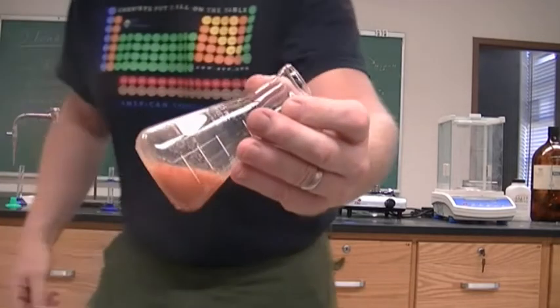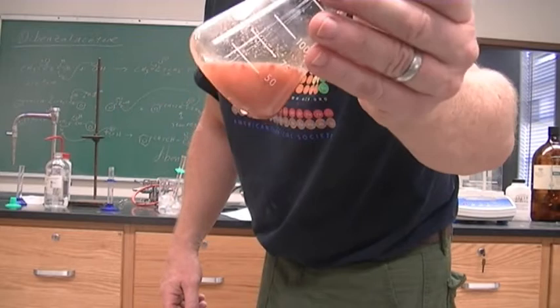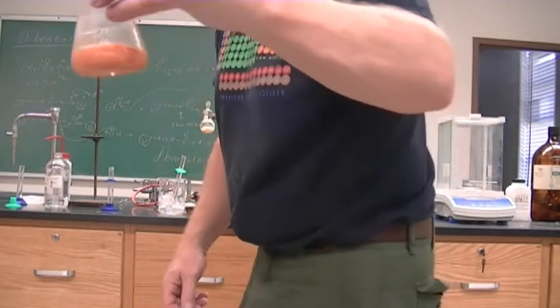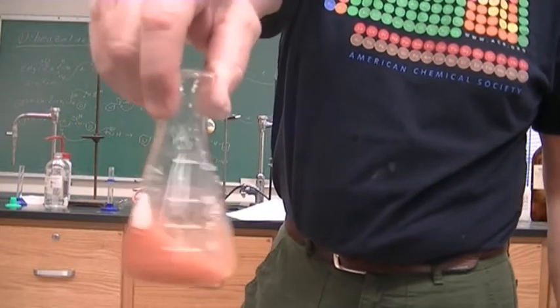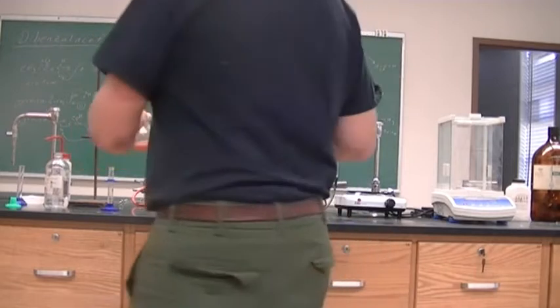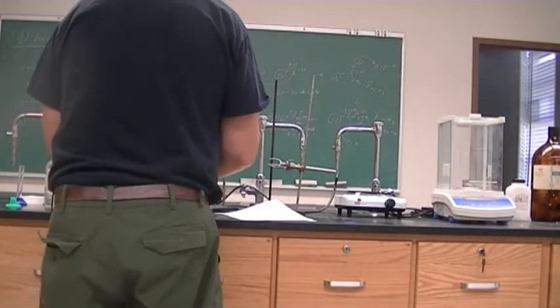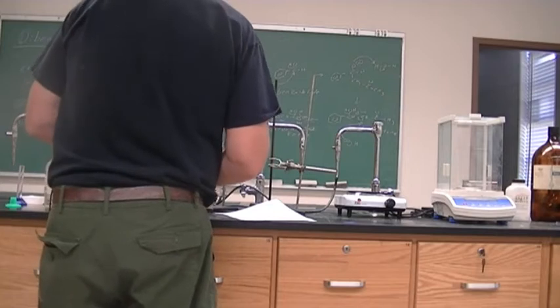See the solid that's in there that we're going to collect. Pretty good amount of solid that we have in there. So cooling the ethanol down. This is our cold.